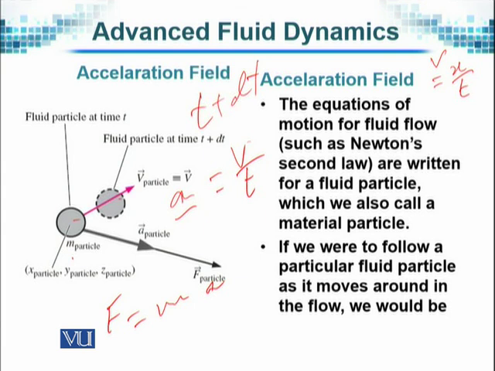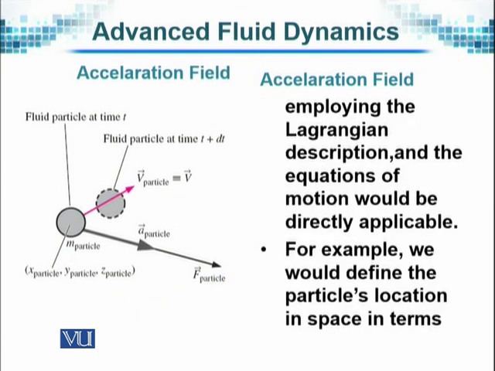The same here. So the x component of the particle, the y component of the particle, the z component of the particle. That means we are considering each particle under consideration and its movement and velocity, and the change in velocity after a certain time.